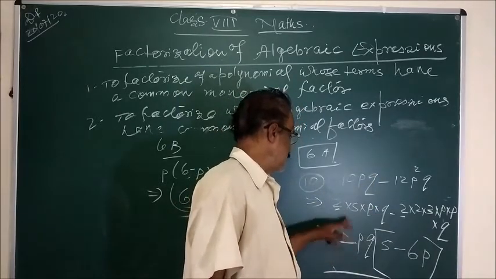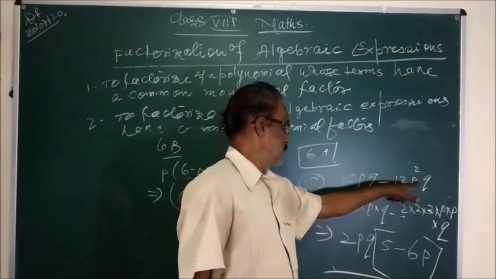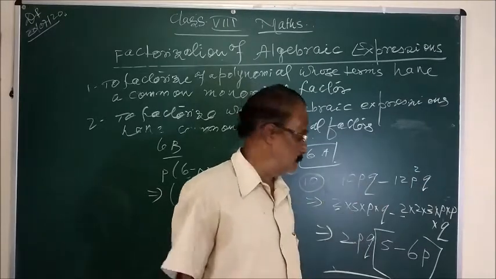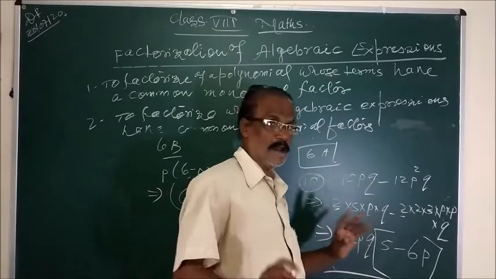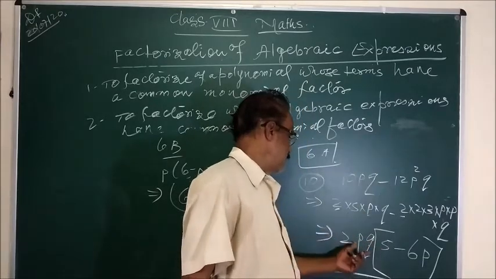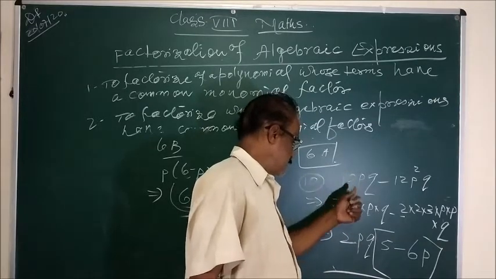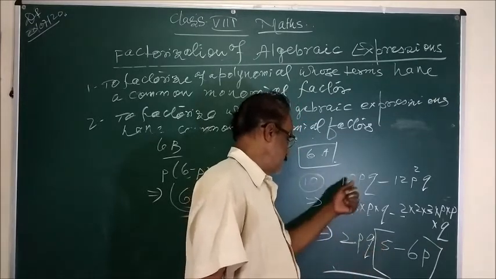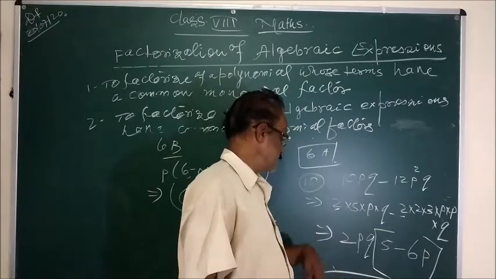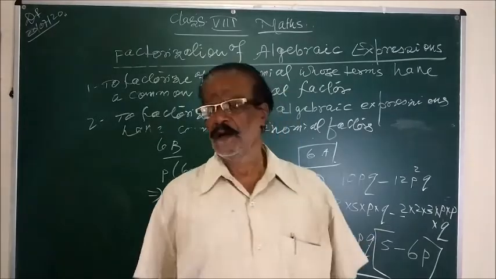So 2 is common in constants, and in the variables 1p, 2p, 1p will be common, 1q and 1q, 1q will be common. Now you divide each term by this common, and the term you obtain on dividing will be inside the bracket. So these are the factors, 2pq into 5 minus 6p.